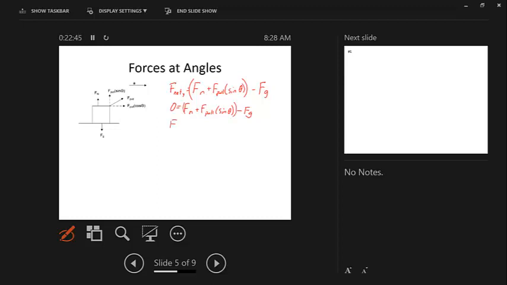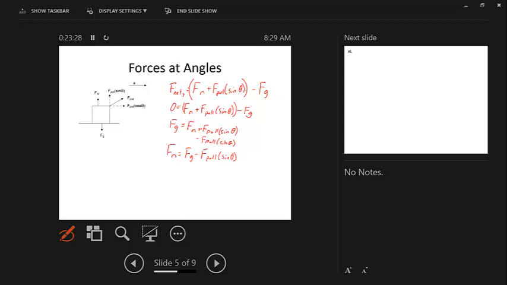So Fg is equal to Fn plus F pull sine theta. And now what could you do? Subtract F pull sine theta. And so Fn is actually equal to less than what it used to be, correct? It's less than the force of gravity. In fact, it'll be the force of gravity minus F pull sine theta.